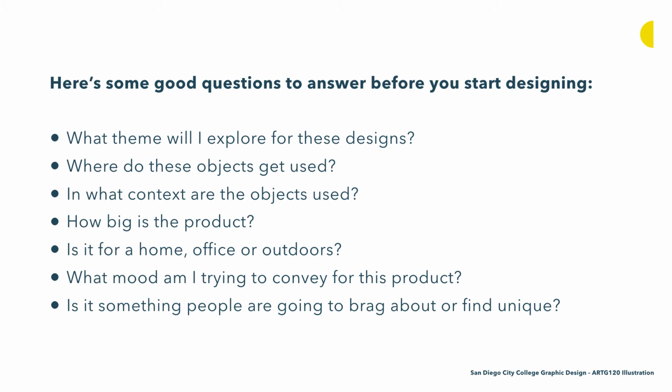What theme will I explore for these designs? Where do these objects get used? In what context are the objects being used? How big is the product going to be? Is it for a home, office, or outdoors? What mood am I trying to convey with this product? And is it something that people are going to brag about or find unique within the context of this product?